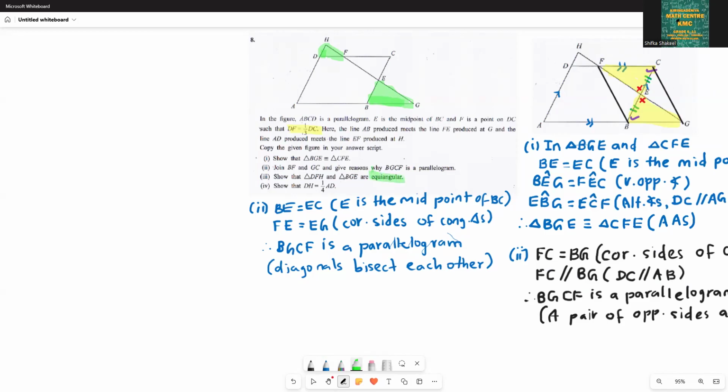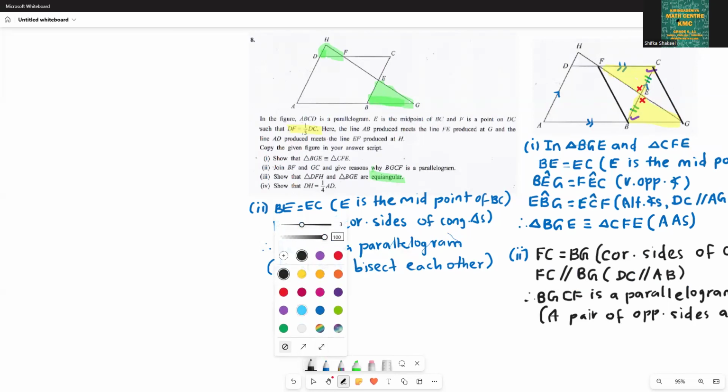In order to show equiangular triangles, we have to show the angles. If you can prove two angles are equal, then you can say the remaining angle is automatically equal, so the triangles are equiangular. So we will mark here.